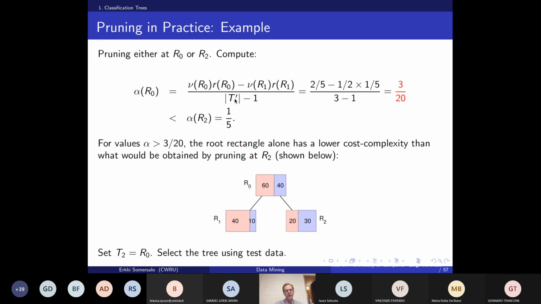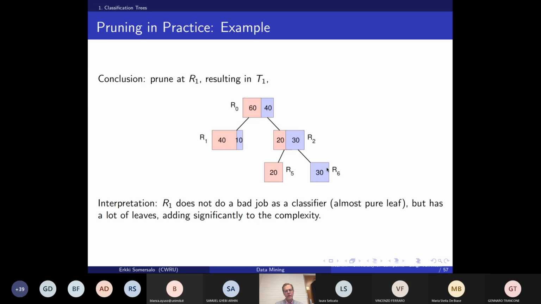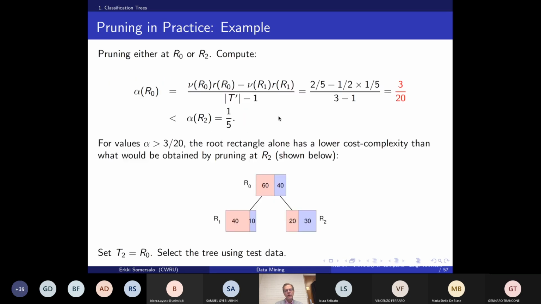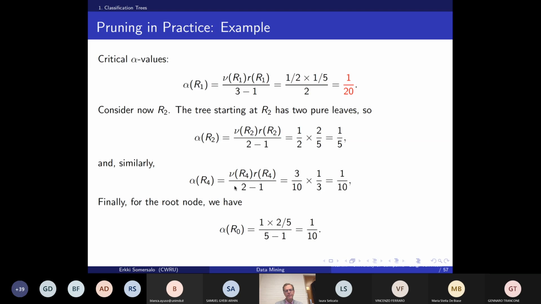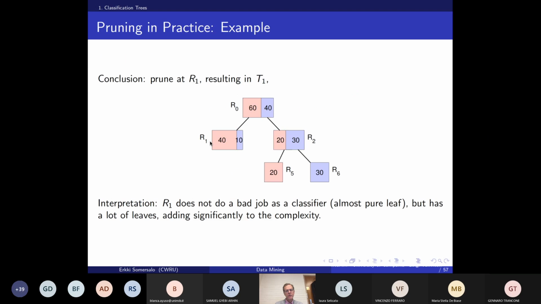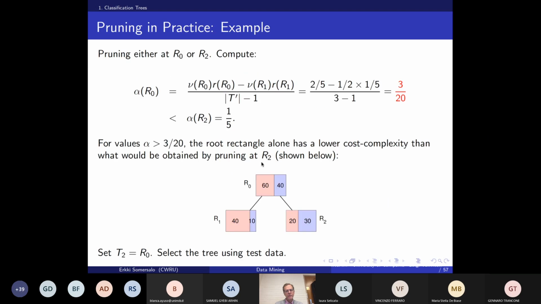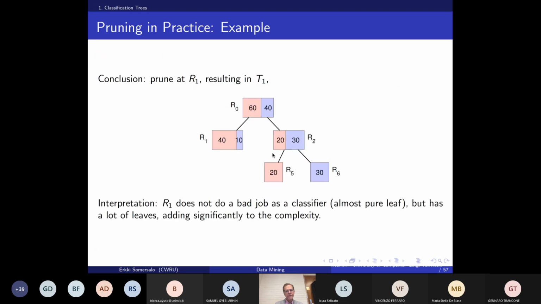Now the number of leaves that I would eliminate if I cut from R0 is 1, 2, 3. So I'm cutting away 3 leaves. So I get 3 minus 1 in the denominator. So calculating this number, I see that this is 3/20. Now 3/20 is less than 1/5, that was the critical alpha for R2. So what does it mean? It means that I need to cut from R0.